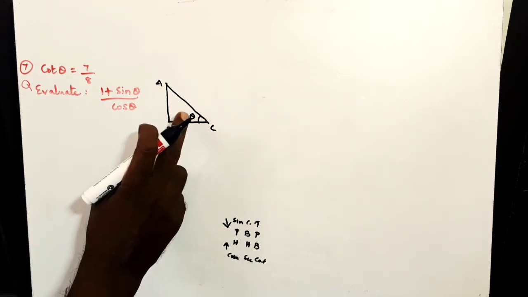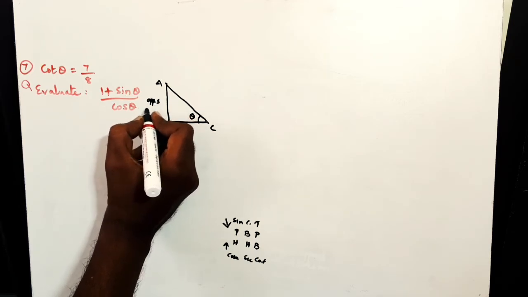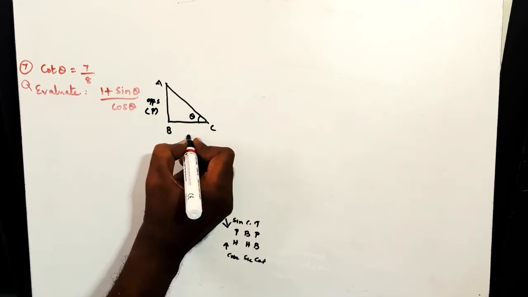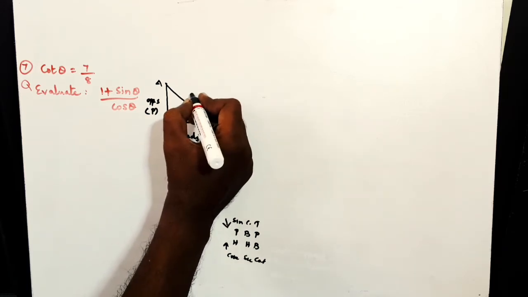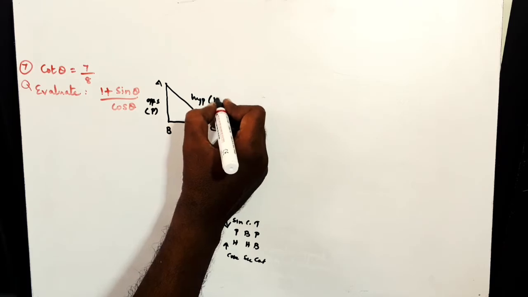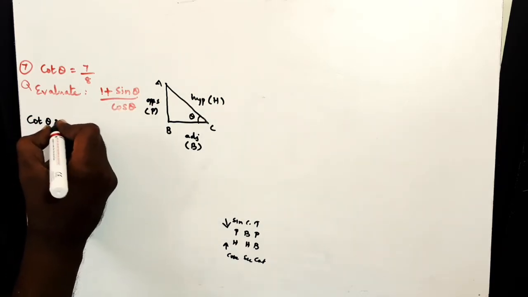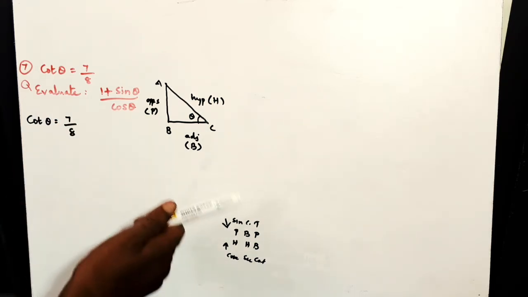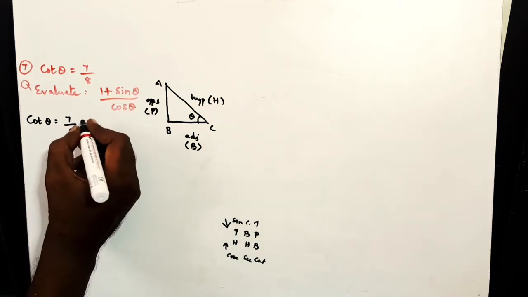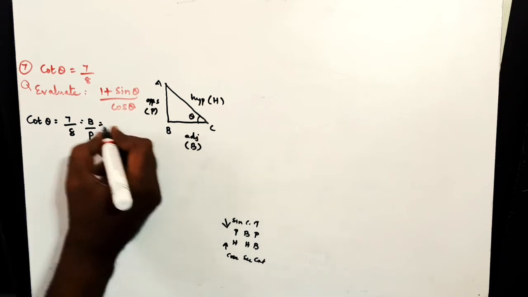So this is the opposite side, P, this is the adjacent side, B, and this is the hypotenuse, H. Now cot theta is equal to 7 by 8. Cot theta means bottom to top, B by P. What is B? BC. P, AB.